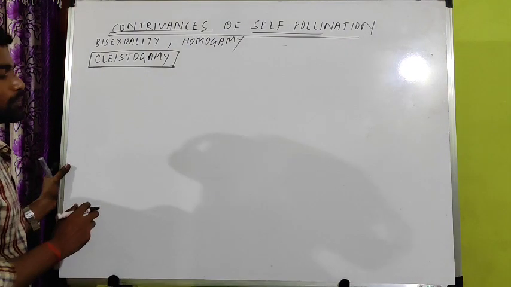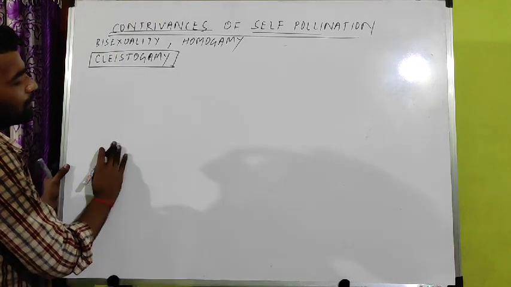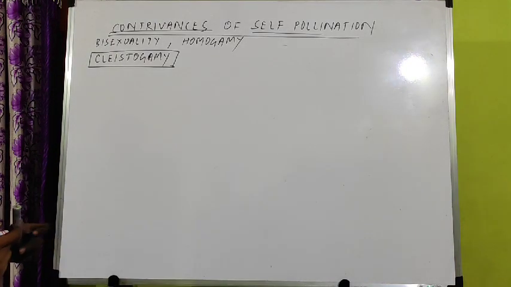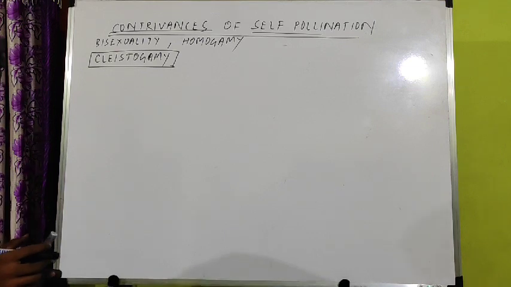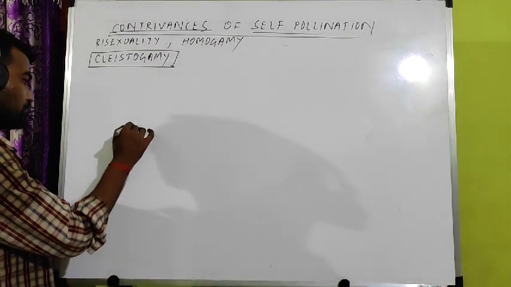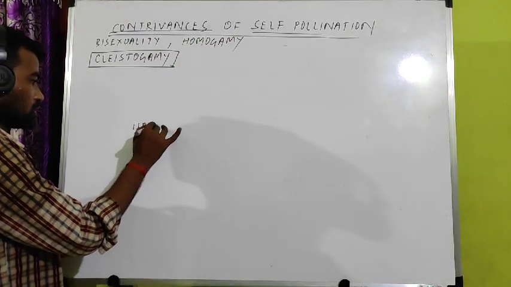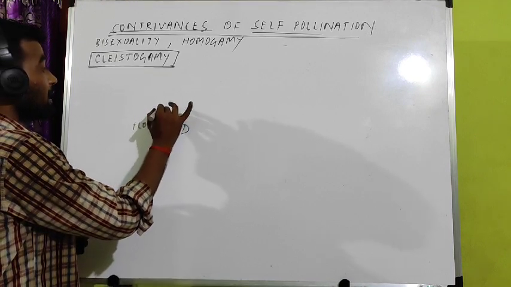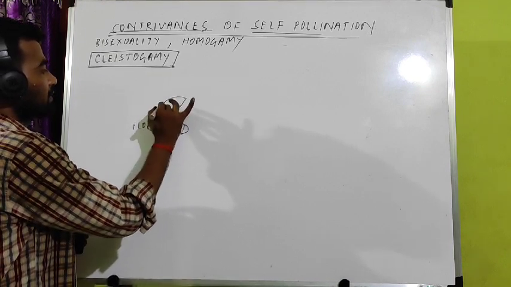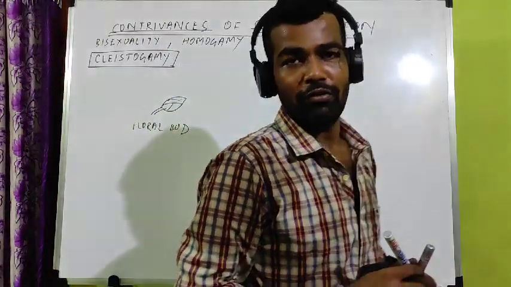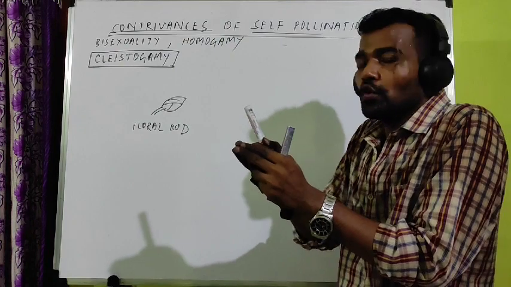What is cleistogamy? Before going to cleistogamy, you first have to know about the flower. All the flowers you see in your environment are produced from a floral bud. What is a floral bud? The closed flower or immature flower, like this. In all flowering plants you find a structure like this, a closed flower.